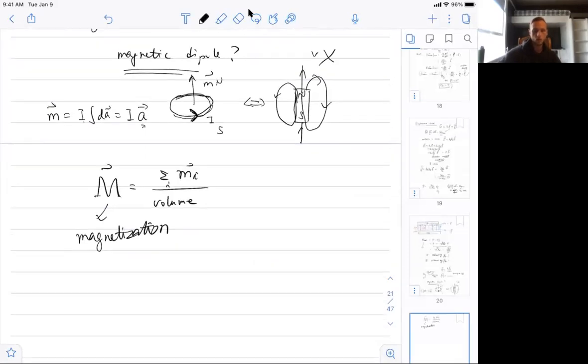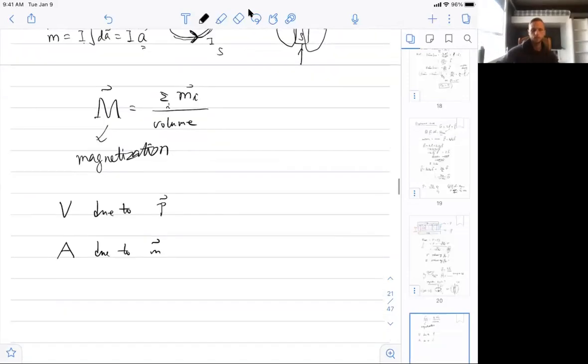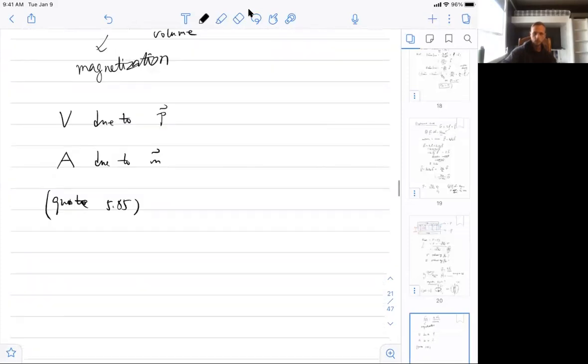Just as in chapter 4, we start out with the potential due to the dipole field. Here we can write our vector potential due to a dipole moment. I'm going to quote Griffiths 5.85, the equation for calculating the potential due to a dipole moment.